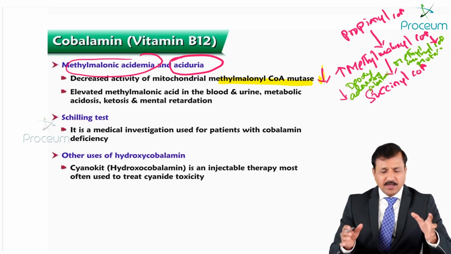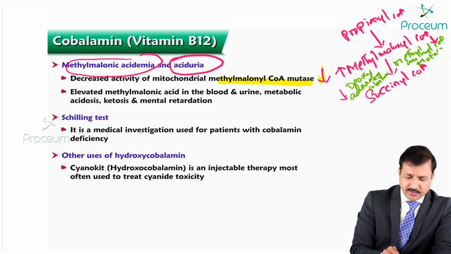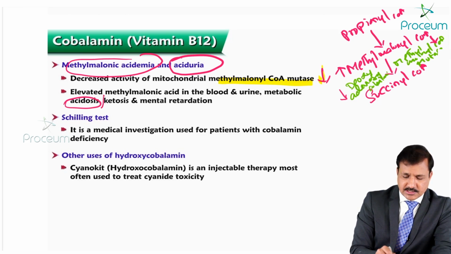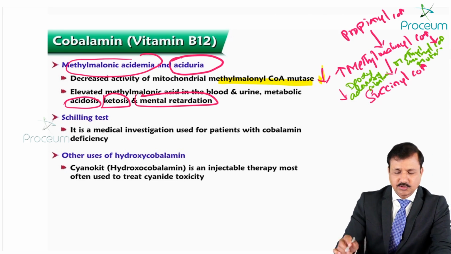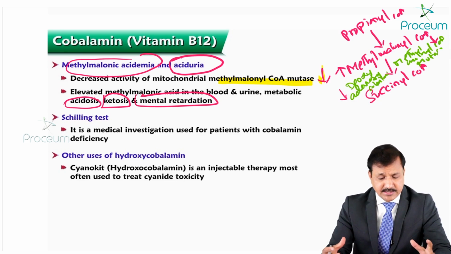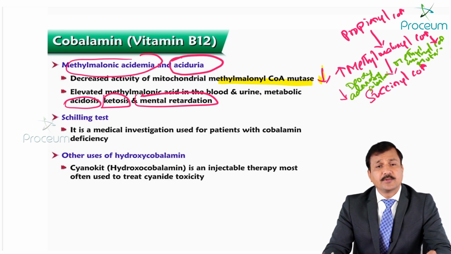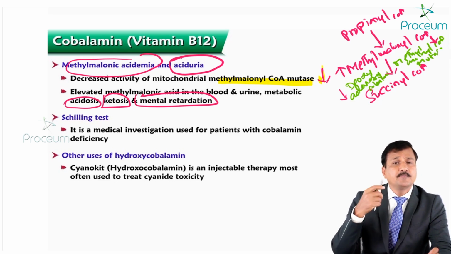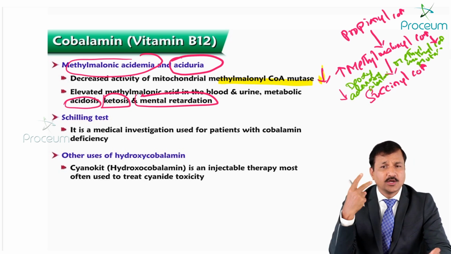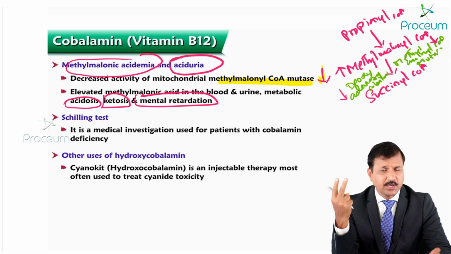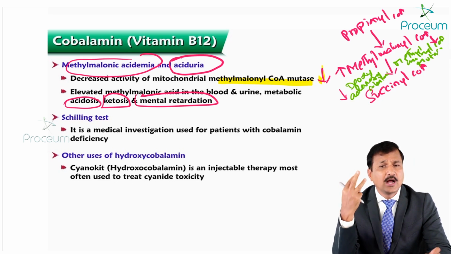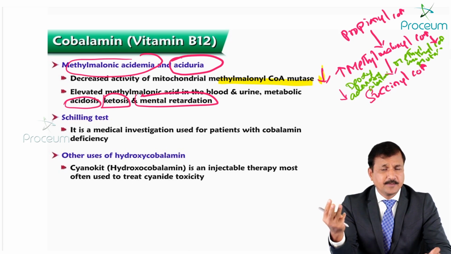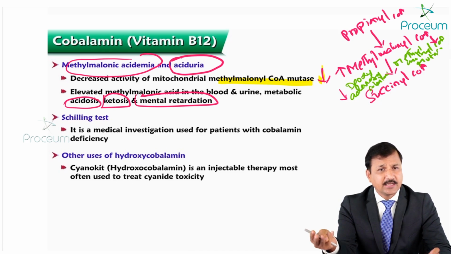So with methylmalonic acid in the blood and urine, patient will show metabolic acidosis, ketoacidosis, and it can also lead to mental retardation. So all these signs you can see in cobalamin deficiency also. So in cobalamin deficiency, patient will show megaloblastic anemia, neurological signs because of subacute combined degeneration of spinal cord, and also accumulation of methylmalonic acid in the blood and in the urine, methylmalonic acidemia, methylmalonic aciduria.